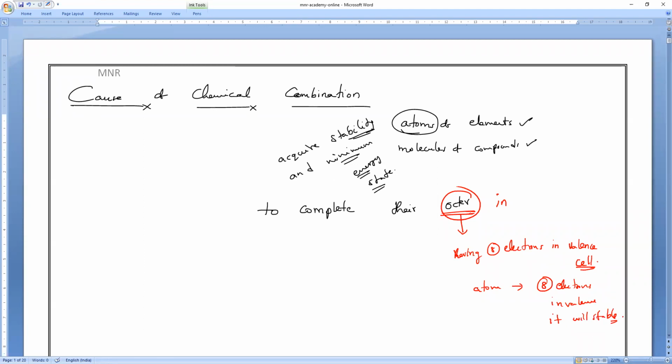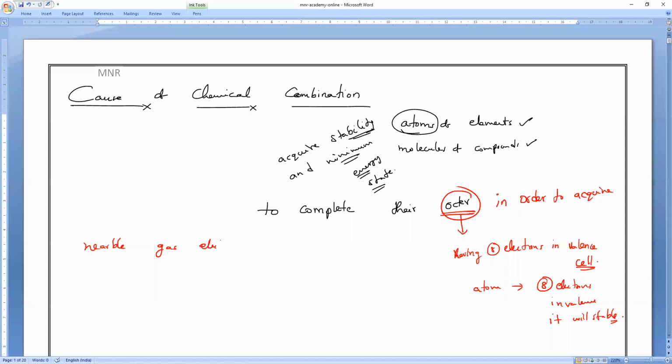So to acquire this, to complete their octet, in order to acquire the nearest noble gas electronic configuration. This is the most important point.